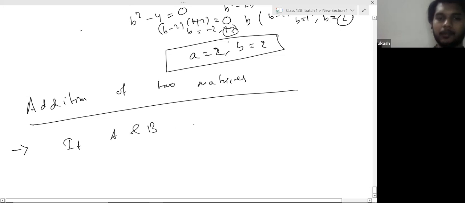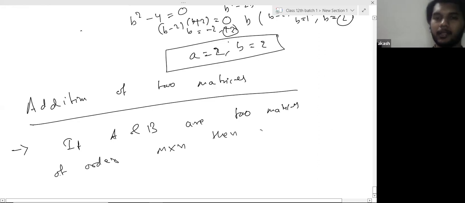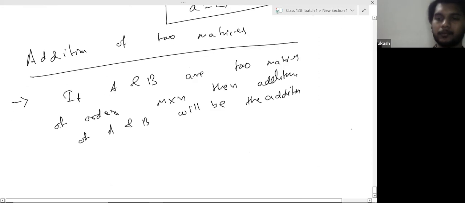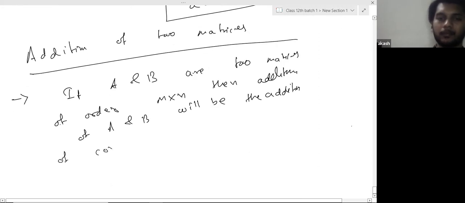If A and B are two matrices of order m cross n, then the addition of A and B will be the addition of corresponding elements in the matrices.